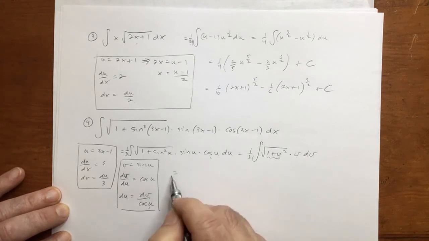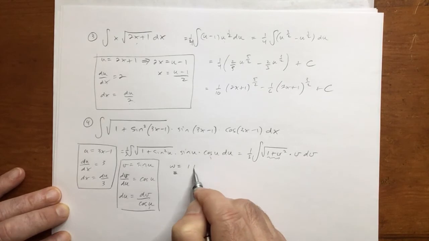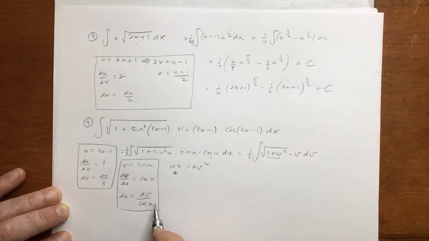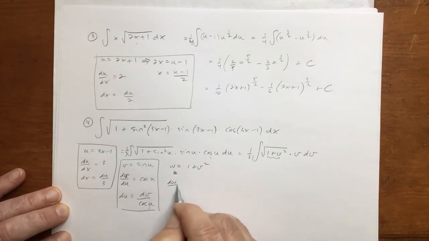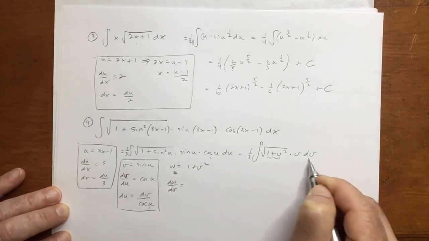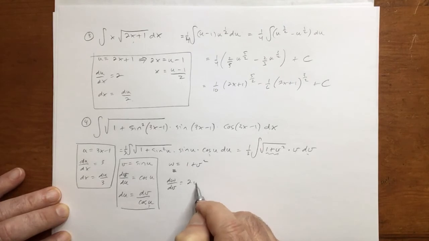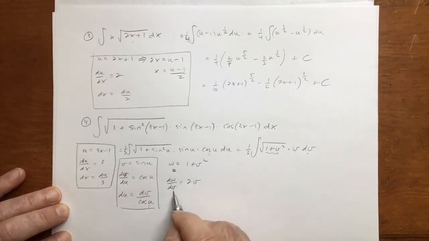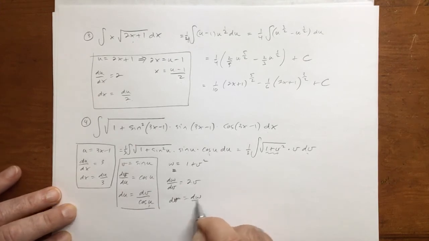And so I'm going to make another substitution. I'm going to write w equals 1 plus v squared. Because then I'll just have the square root of w. That's simple. dw dv, because I have to replace the dv, is 2v. Solving for dv is dw over 2.